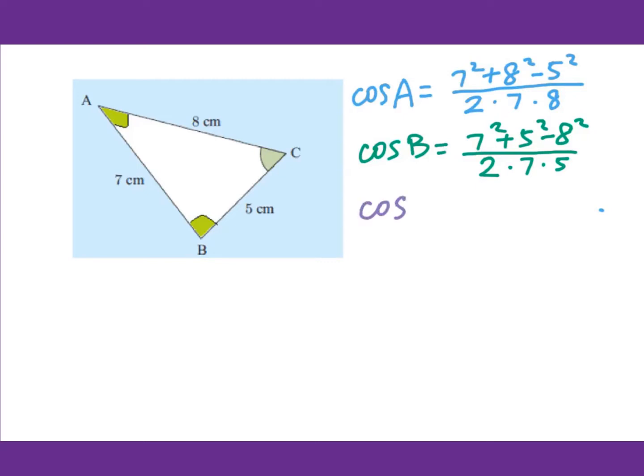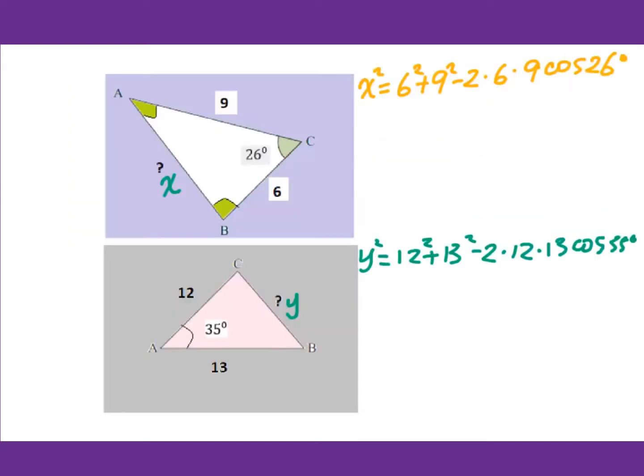Cosine C equals 8 squared plus 5 squared minus 7 squared over 2 times 8 times 5. When you check the pattern, look at this: 7, 8, 7, 5, 8, 5. Now we have figured out the pattern.